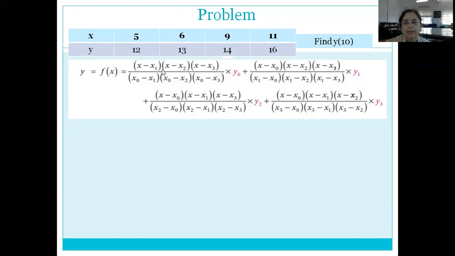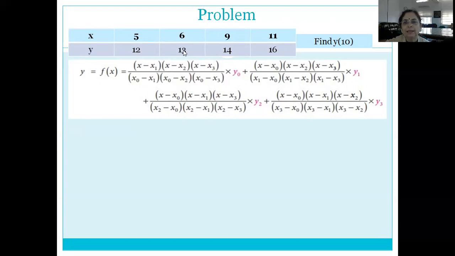Now pay attention that we are not taking the x minus x0 term. x minus x0 is not calculated because this is the first weighing function calculated for the first data point, to be multiplied with the first value of the given function, which is y0. So x0 is avoided in the numerator.